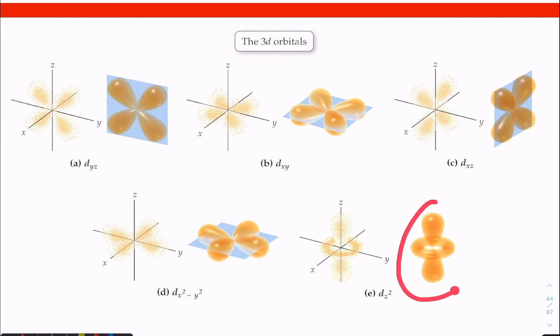This is an interesting shape because that donut around the center doesn't touch the other parts of the orbital. So you can have an electron traveling from here to here, and it does not pass through the space in between. It just goes from one point to the other.